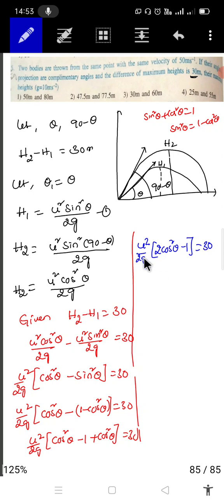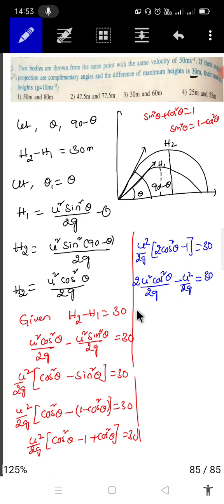Multiplying out, we get 2 u square cos square theta by 2g minus u square by 2g into 1, equal to 30.